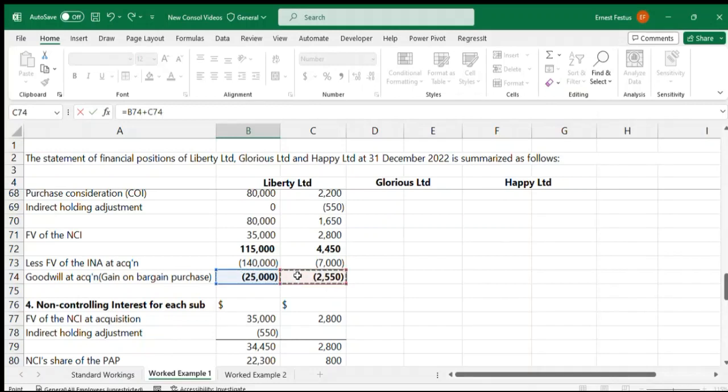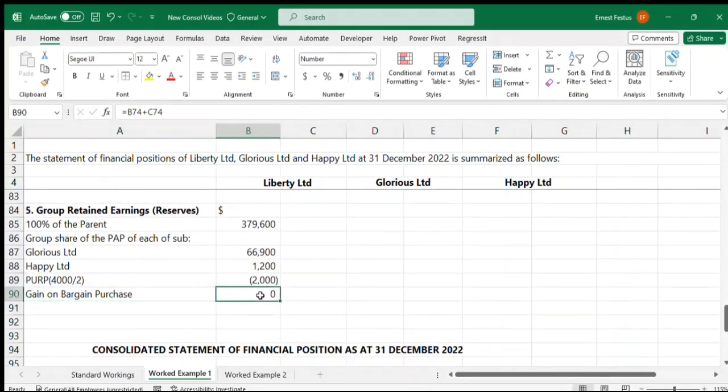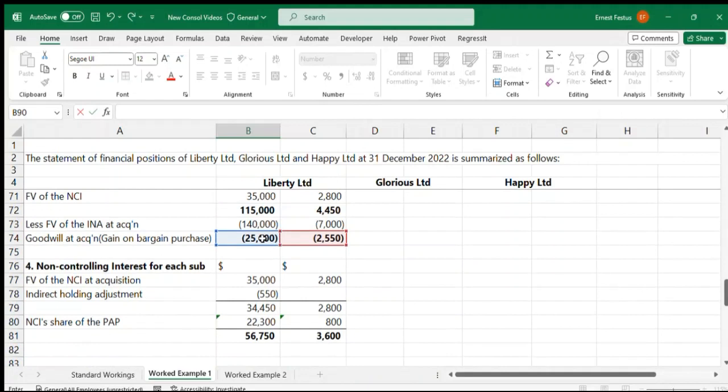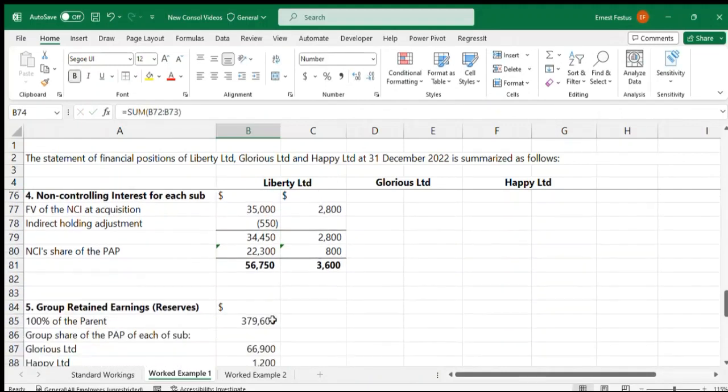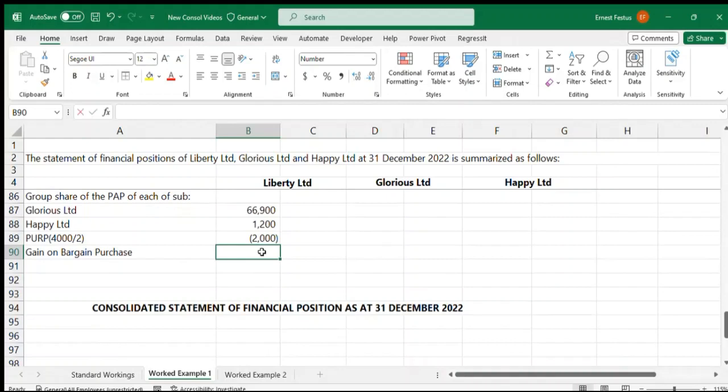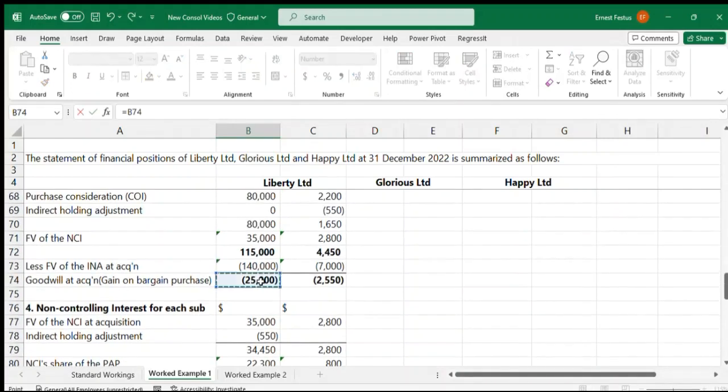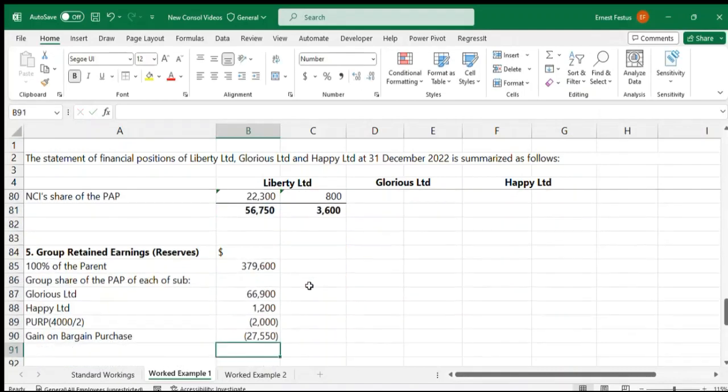So add them together. So I have this amount. So we have equals this amount added to this, enter.